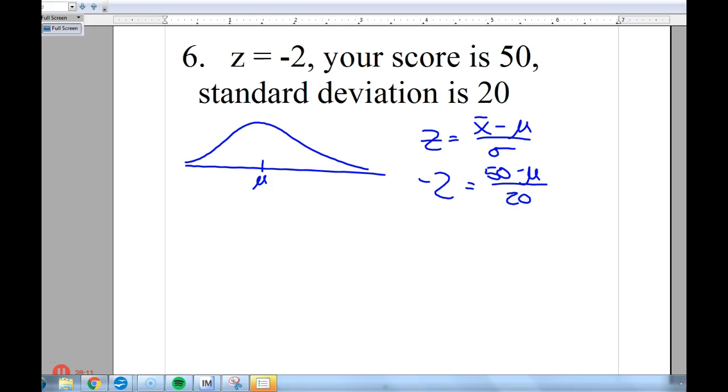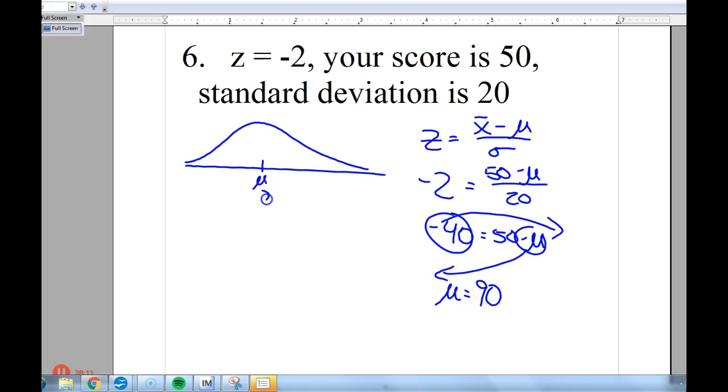Should be higher, right? Because I'm a negative standard deviation, so I'm below. So the mean should be higher. So I multiply by 20. -40 equals 50 minus mu. And I'm just basically going to flip-flop these two, and it would tell me mu equals 90. And then I can do my graph from there.